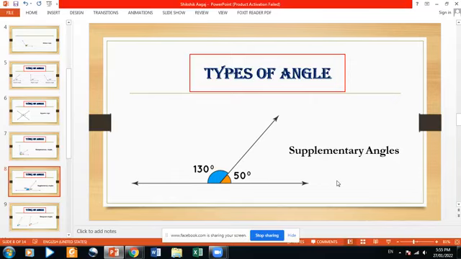Automatically it will be 40 degrees. If one angle is 125 degrees, then the other will be 55 degrees, because the sum should be 180 degrees. So, it is very easy, but we should know what supplementary angles are.